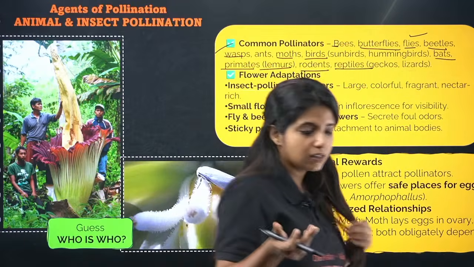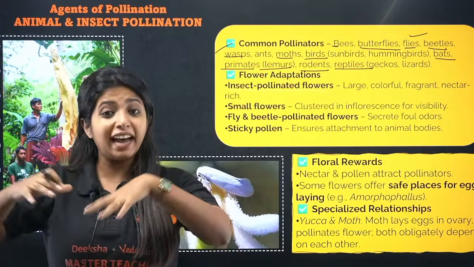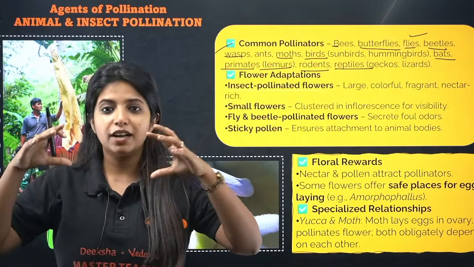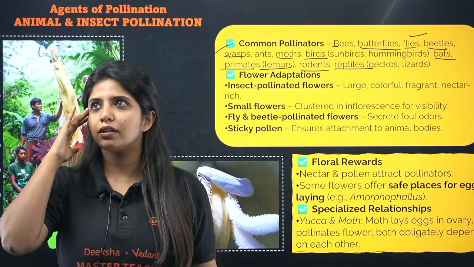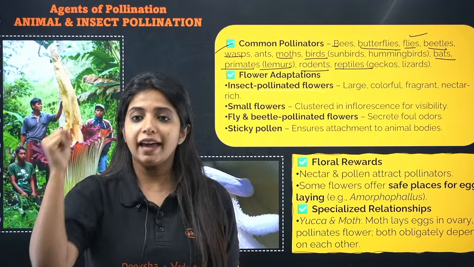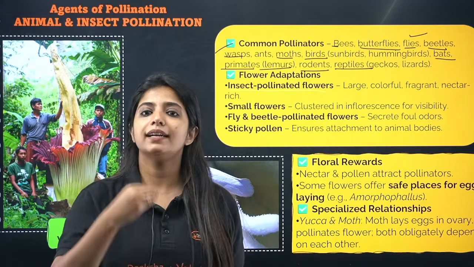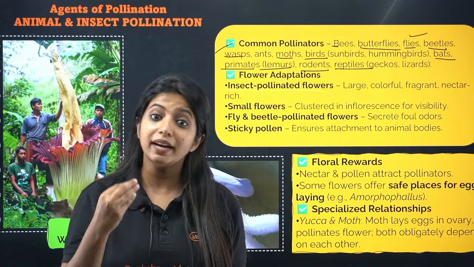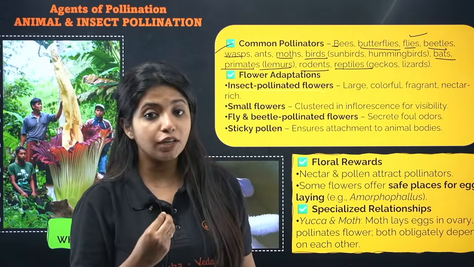Do you think the insects can see the colors? It's just for visibility, they have different ways to view it. Anyways, they have to be large, colorful, and fragrant. Apart from that, they have to be nectar rich. Why nectar rich? Because over here the plant says that I can give you nectar.